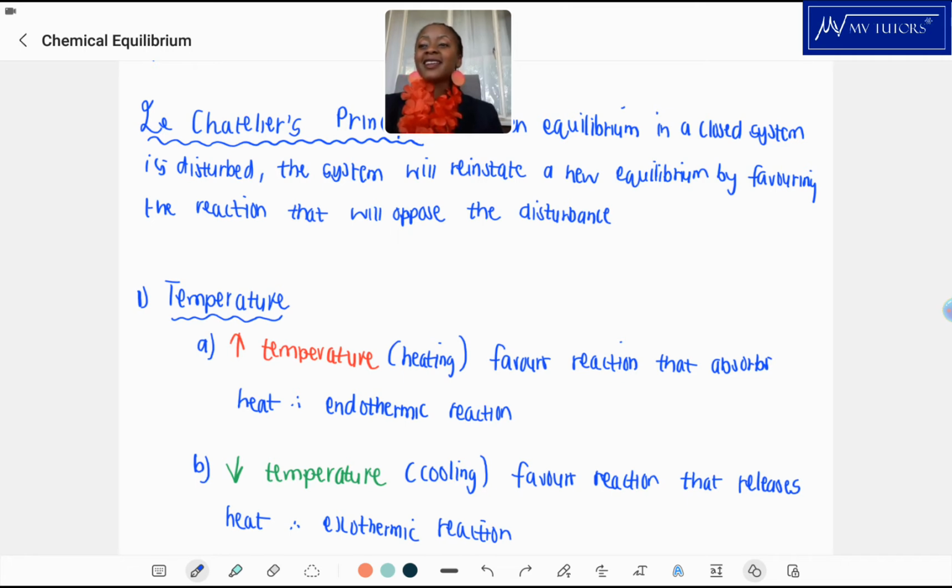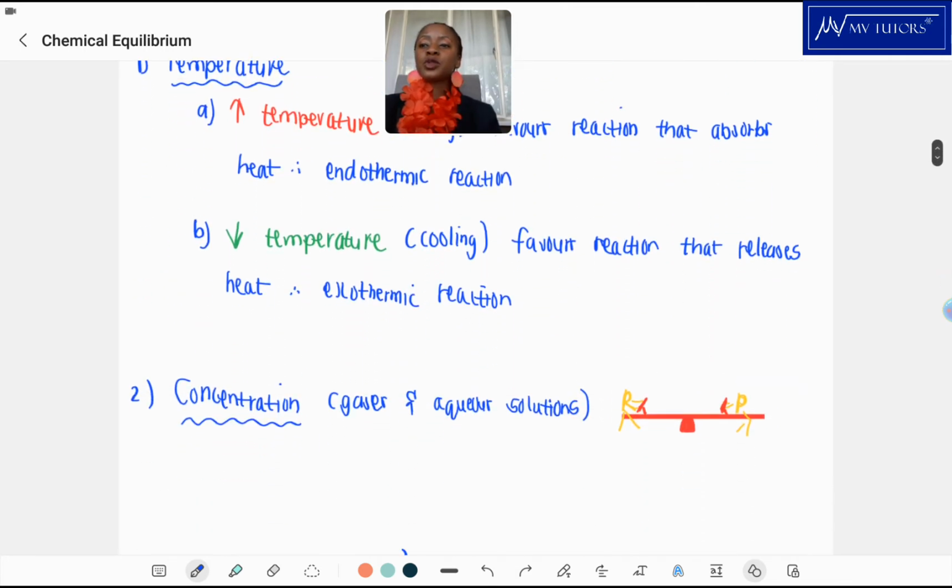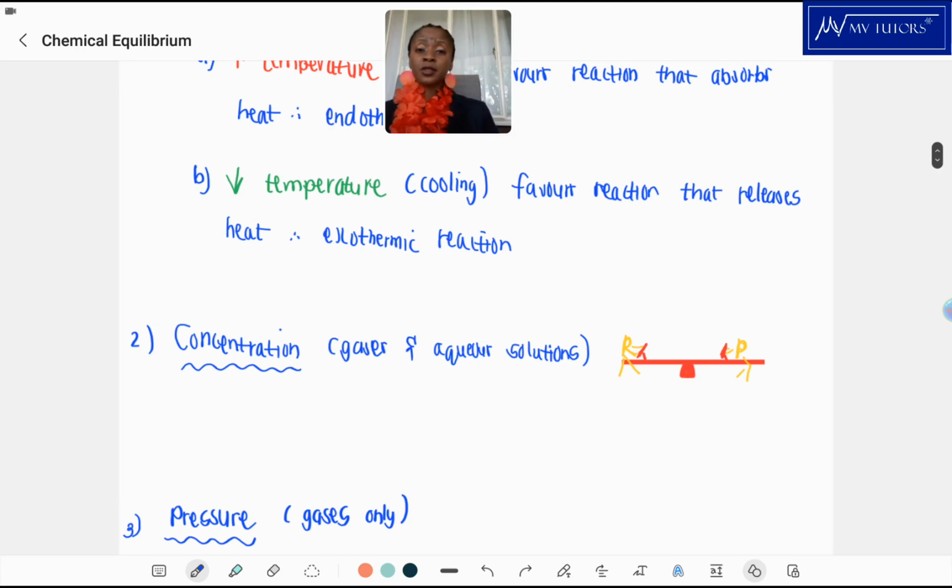All right. So what would happen if you were to apply a change in concentration? When it comes to concentration, the gases and aqueous solutions are applicable. With concentration, I would like for you to think about a seesaw.